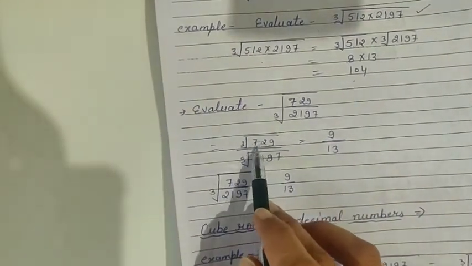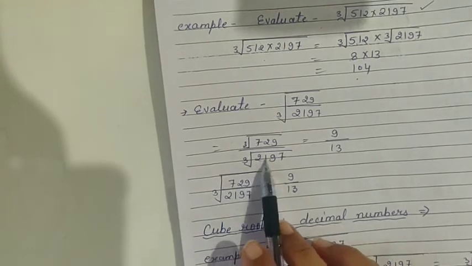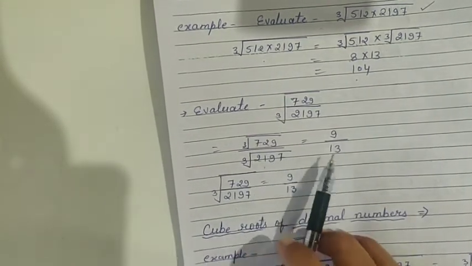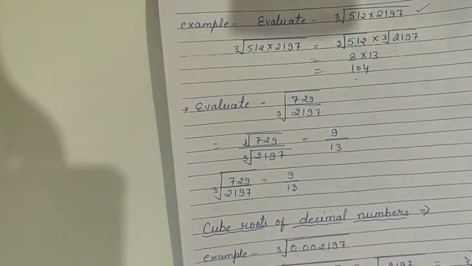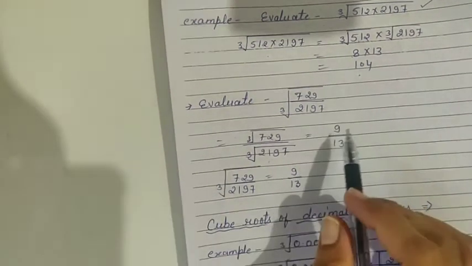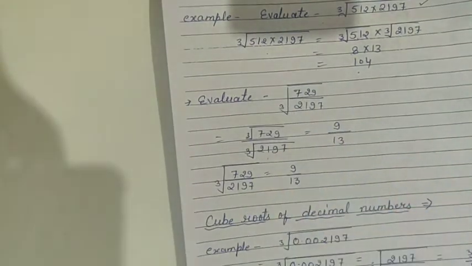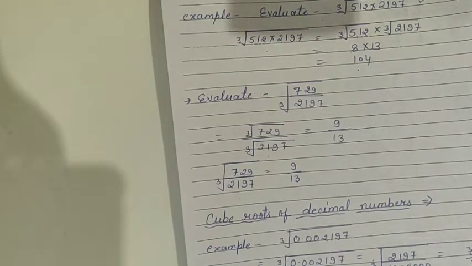Cube root of 729 by prime factorization method is 9, and cube root of 2197 is 13. You can find their cube roots by prime factorization method. So the cube root of 729 upon 2197 is 9 upon 13.